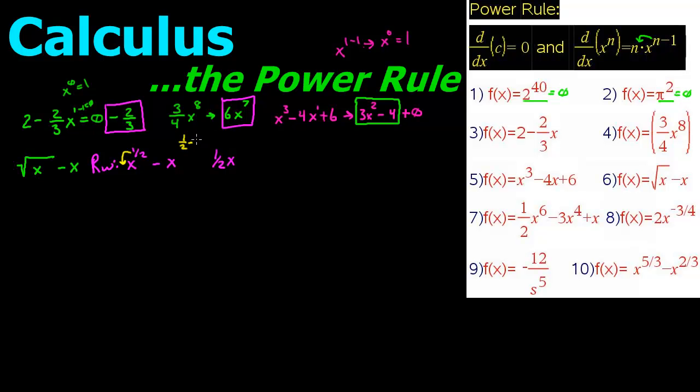And of course you can't just say minus 1, because we don't have a common denominator. So we say 2 over 2. And as you know, 2 over 2 is the same thing as saying 1. Alright, so 1 minus 2 over 2 is going to give us a negative 1/2, okay? Or you can just say 1/2 minus 1 equals a negative 1/2, alright?